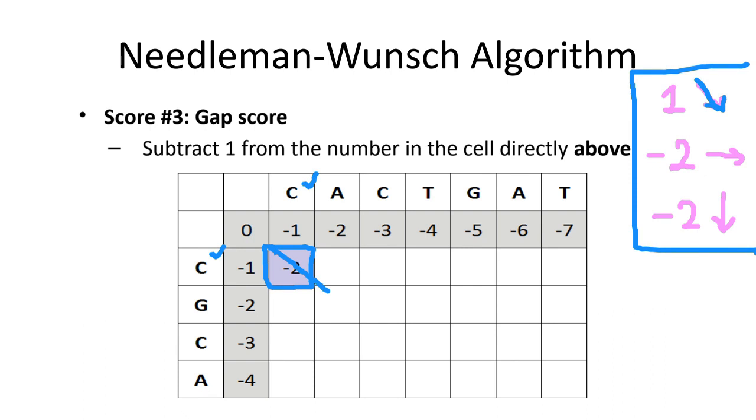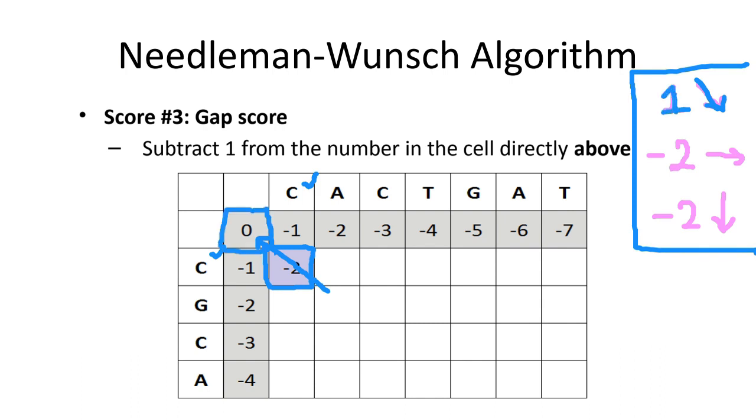In this case, the 2 letters are a C and a C, and so that's a match. According to our scoring scheme, if we're aligning 2 letters and it's the same letter, that's a match, we increase the score by 1. And the score that we're concerned about is the score that's diagonal from us. So 0 plus 1 gives us a 1 as our first number.